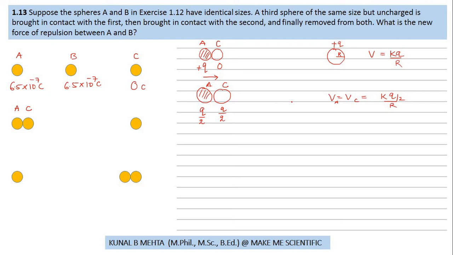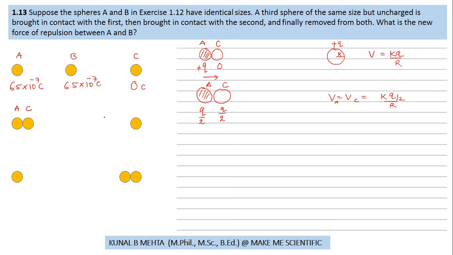If one has Q charge, then Q by 2 will appear on the surface of both the spheres. If the spheres are not identical, then the charge distribution will not be equal, but the potentials will be equal. So in any situation you must understand that the potential must be equal, not the charge. But here it is an exception, because the spheres are identical, we will have an equal amount of charge in both of them.